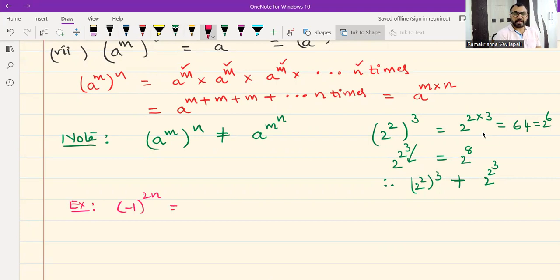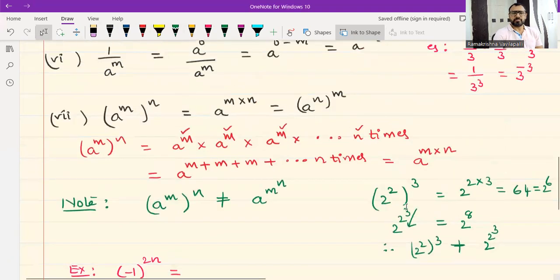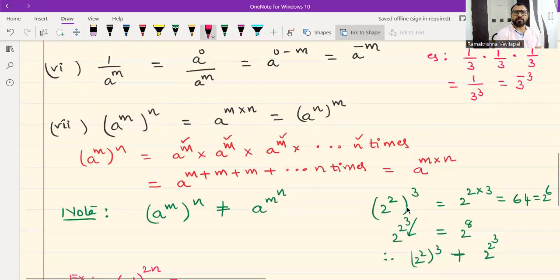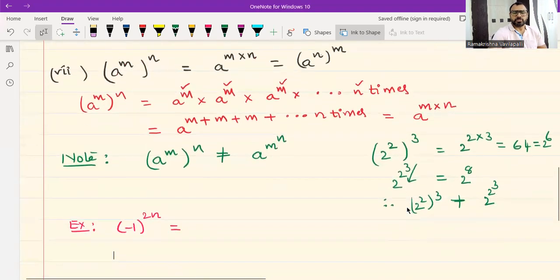So we write this using this concept: a to the power of mn can also be written as a power n whole power m or a to the power of m whole power n. So using that concept, I can write minus 1 whole to the power of 2 into n.